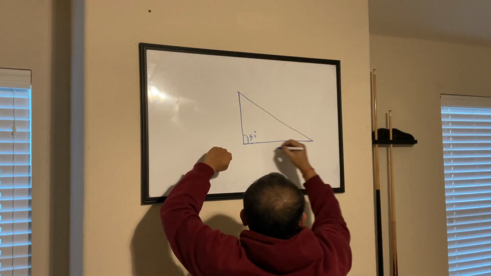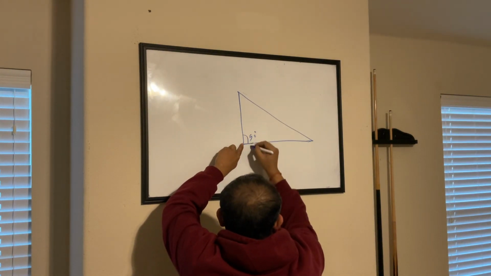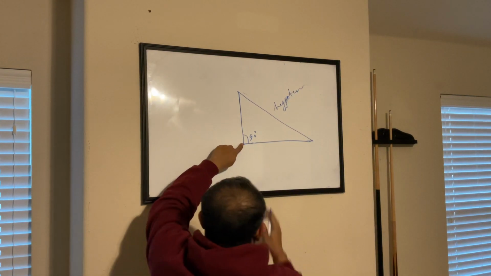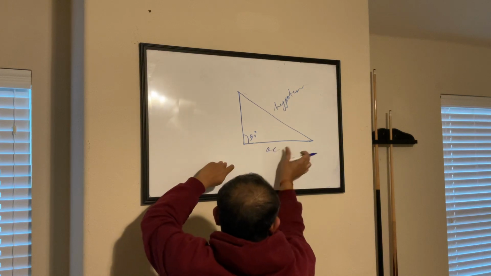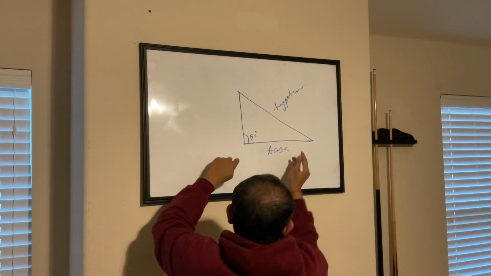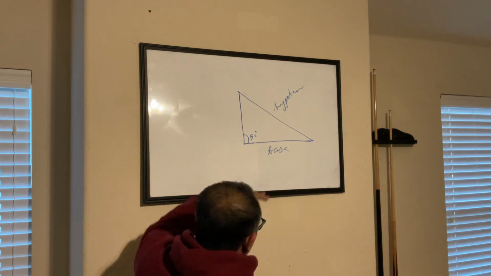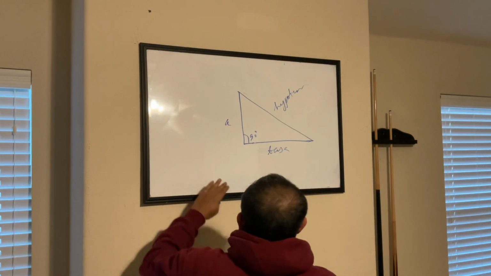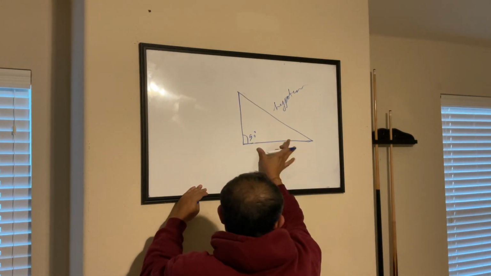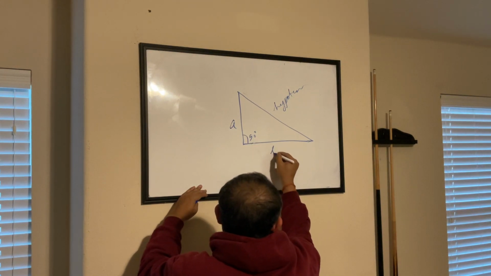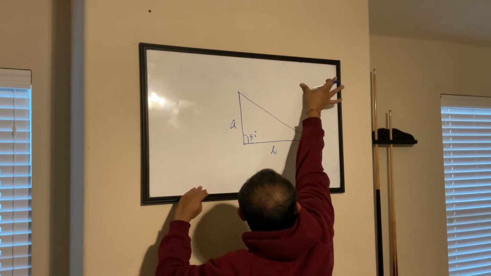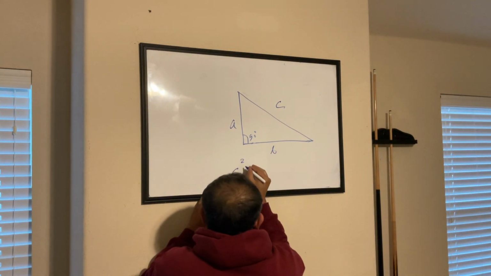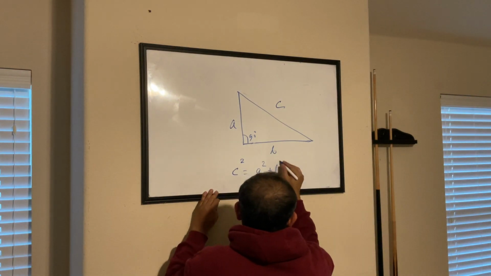The longest side of the right angle triangle, which is opposite to 90 degrees, is called the hypotenuse. This is called the base, it seems like the triangle is standing on this base, and this is called the adjacent side. In mathematical terms, you say this is A, this is the base B, and instead of hypotenuse you call it C. So what Pythagorean theorem says is C squared equals A squared plus B squared.